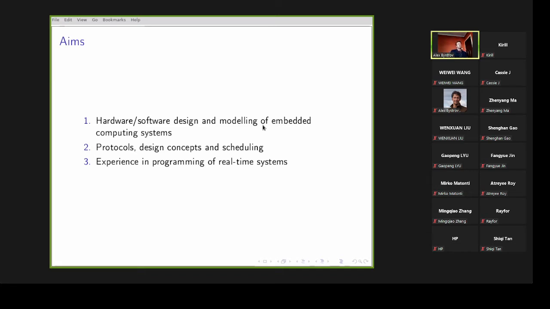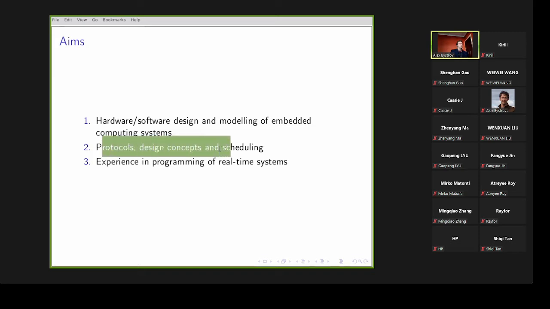What we are going to achieve in this module is hardware, software design, modeling of embedded computing systems. Modeling will be on the software side, and my set of lectures will be theory of concurrency and concurrent programming. It will be a modeling of the processor and power management on the side of Fascia. So expect interesting things here.